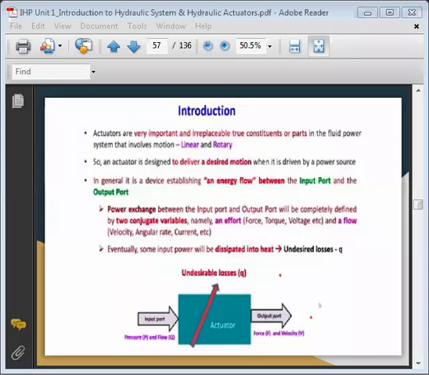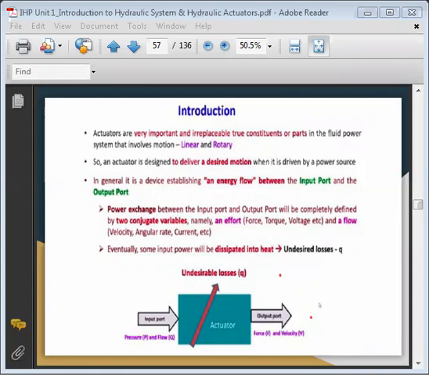These are the conjugate variables. One is the effort. Effort means what? Force, torque, voltage. And flow means what? Velocity, angular rate, and current. So between your input port and output port, these variables will be there.